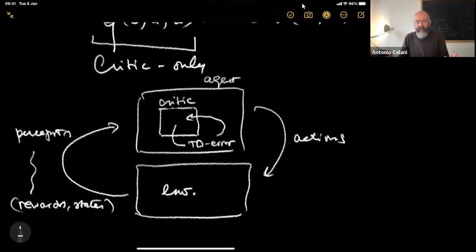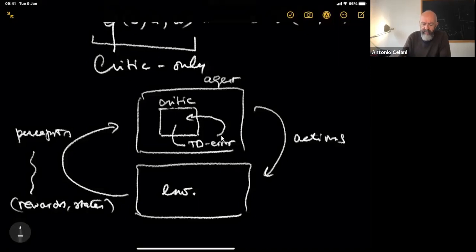The critic has in its belly an estimate of the value function, receives new information in the form of rewards and new states, constructs the temporal difference error, and updates the previous estimation of the value function. So this cycle I'm depicting means that there was an estimate of Q, then new information is received in terms of new rewards and new states, which is used to update your Q function by means of the temporal difference error.